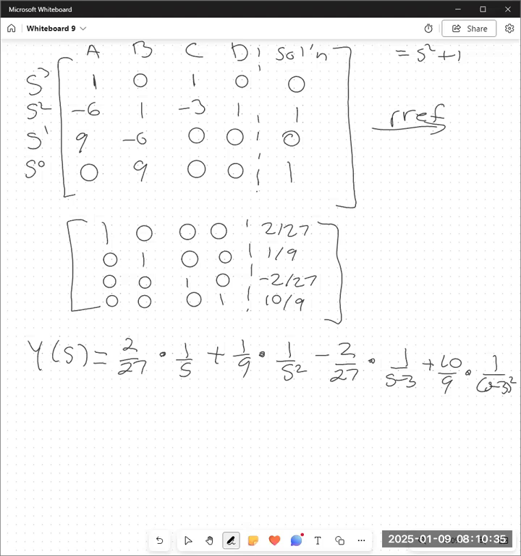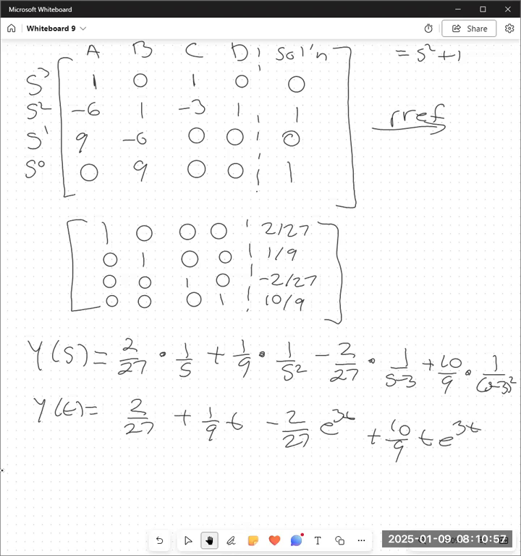No adjustments need to be made. y of t equals 2 over 27 plus 1/9 t minus 2 over 27 e to the 3t plus 10 over 9 t e to the 3t. Let's look now at number 27.